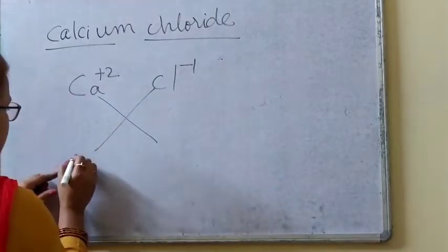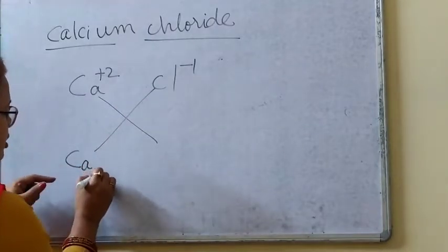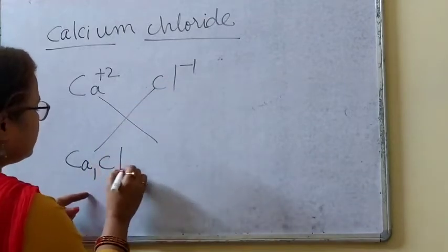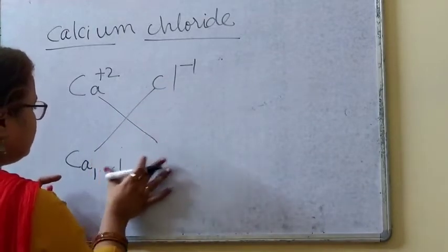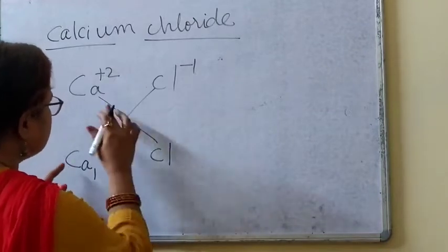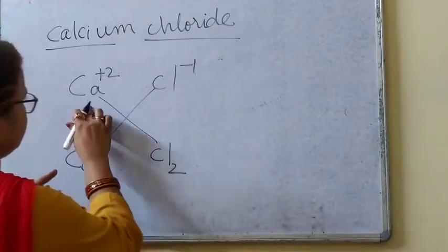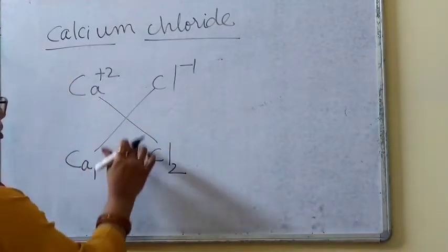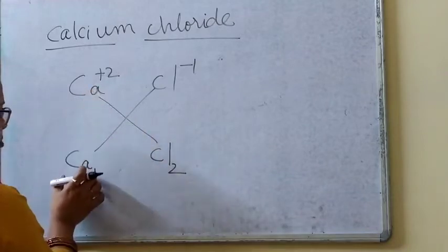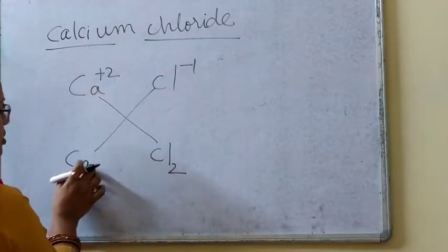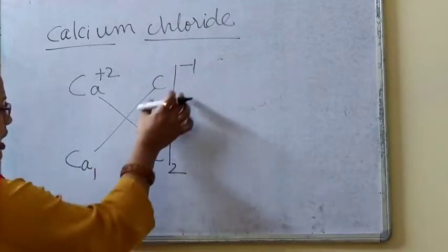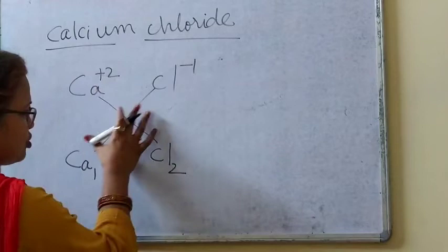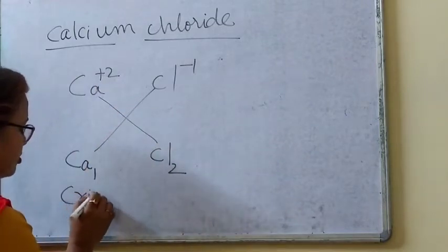Crisscross means with calcium we write the valency of chlorine, and with chlorine we write the valency of calcium. Always remember that in the crisscross method, we write the first element, and with it we write the valency of the second one, and then we copy the second element and write the valency of the first element. This is called the crisscross method.